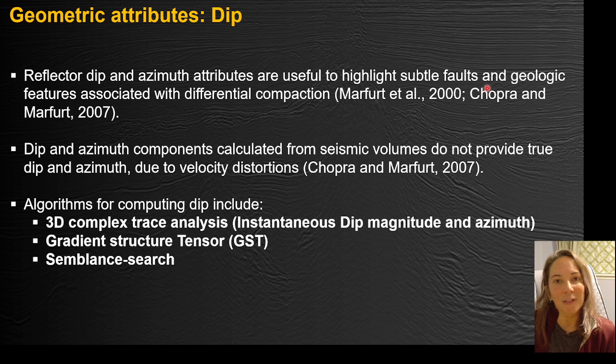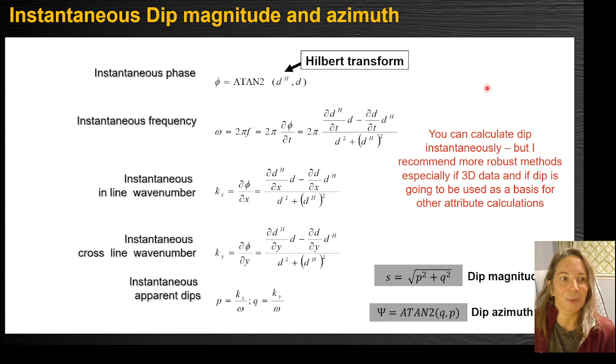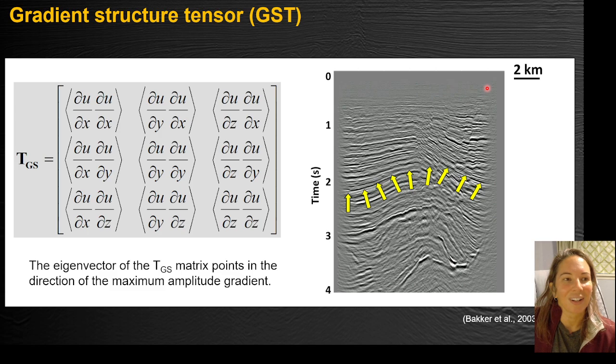And there's also a lot of different algorithms that you can use to calculate these. And so there are some other more instantaneous dip attributes that you can calculate too. I talked about some of the instantaneous ones in an earlier lecture. I didn't talk too much about instantaneous apparent dips, but they work well too if you have them available in your software.